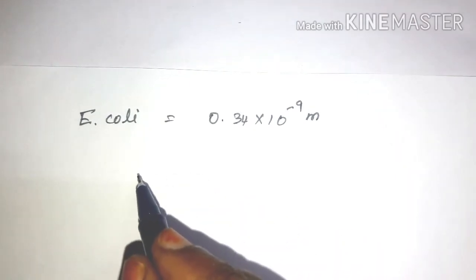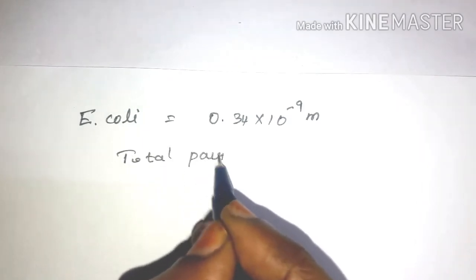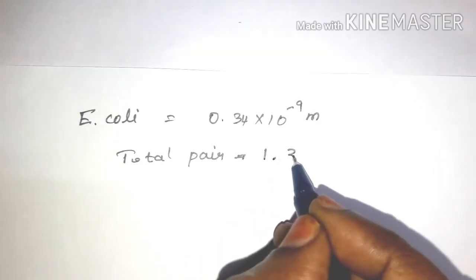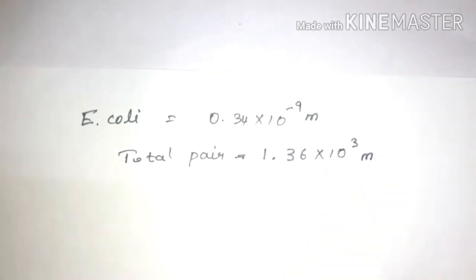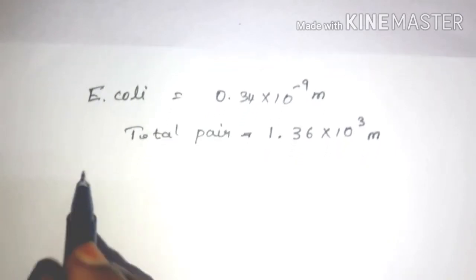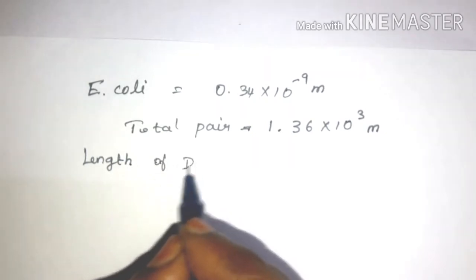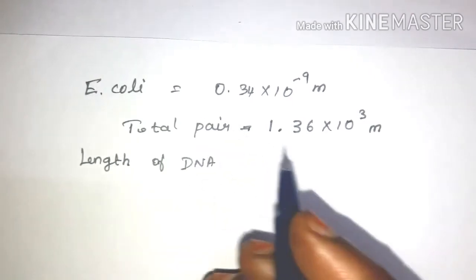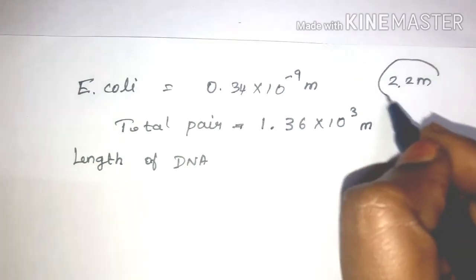Now the total pair length is 1.36 10 to the power of 3 meter. Now we need to calculate the length of DNA of E. coli. Already mammalian has been calculated, that is 2.2 meter.